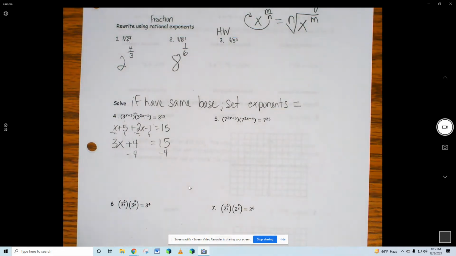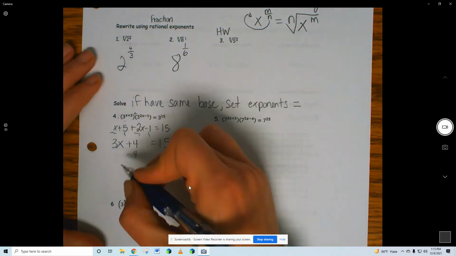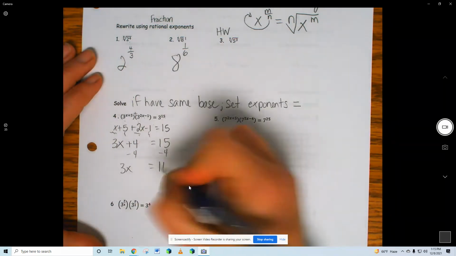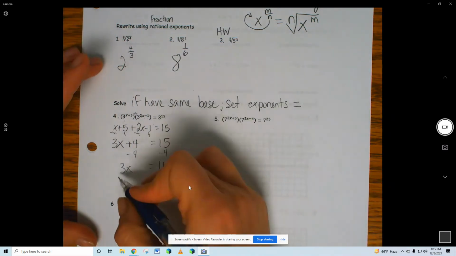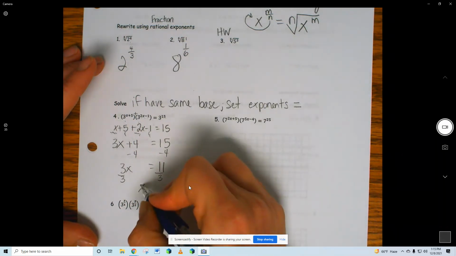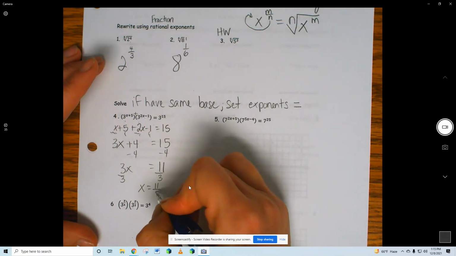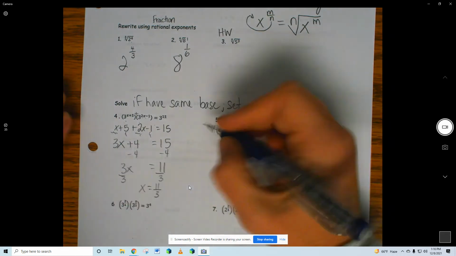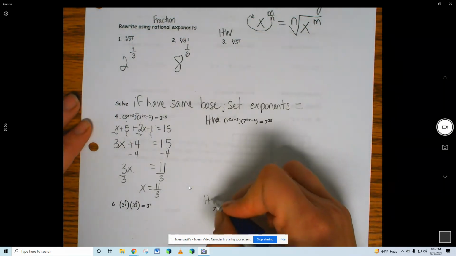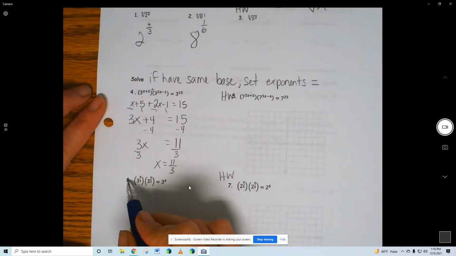So I move the 4 with the 15 because they are like terms. 3x equals 11. And then I divide by 3. I'm going to get a fraction answer, and fraction answers are just fine. Totally good. Let's do number 6. I'll have you do 5 for homework and 7 for homework. Let's do number 6.